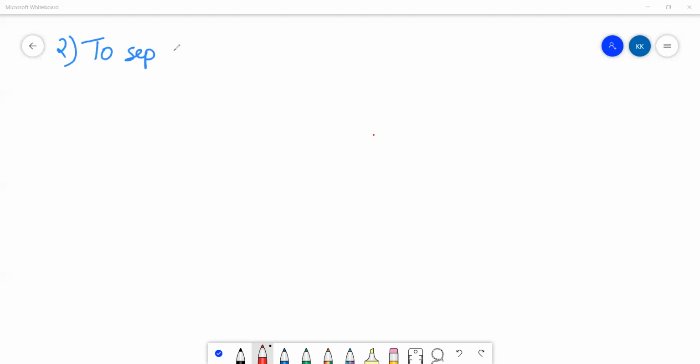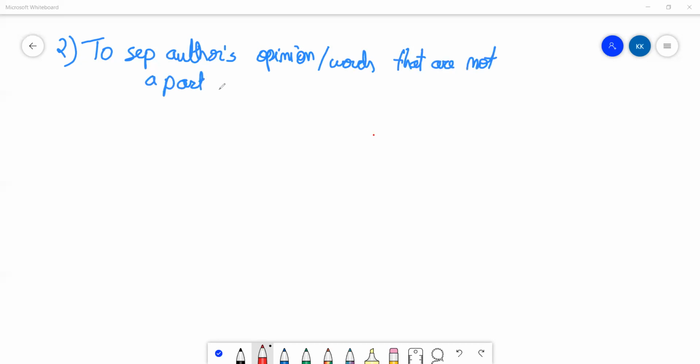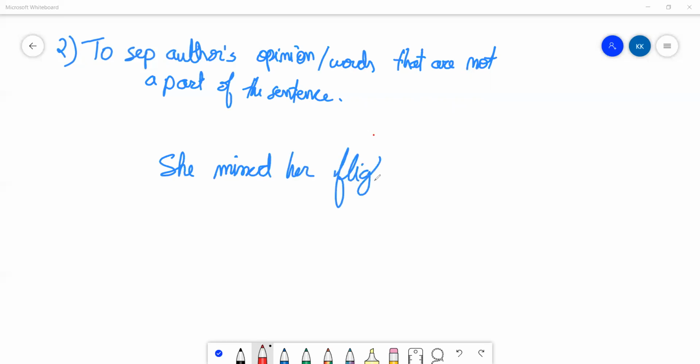To separate the author's opinion, or words that are not a part of the sentence. For example, look at this sentence: She missed her flight.